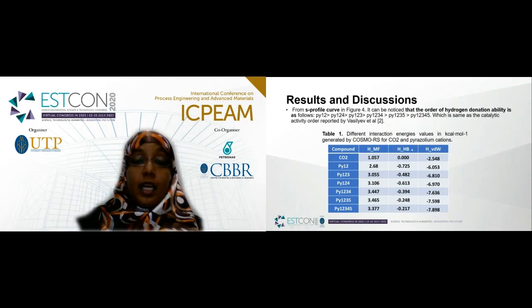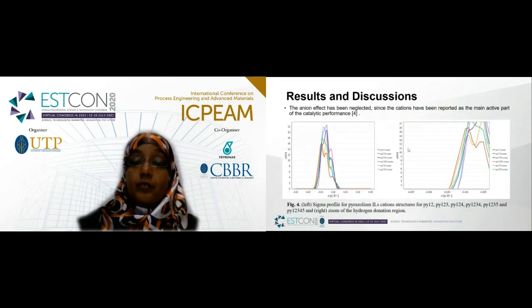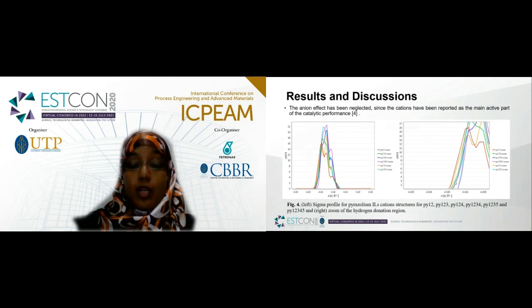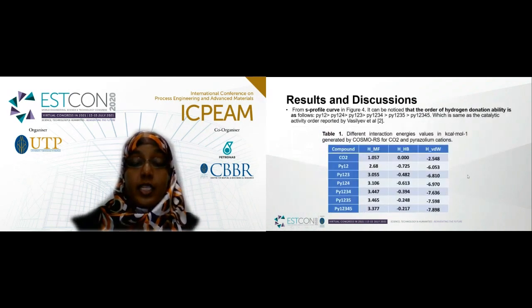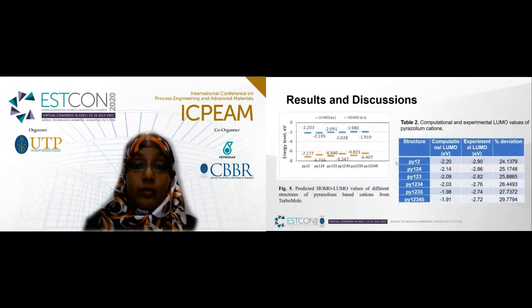We realize that the order of hydrogen bond, starting from the highest to the lowest, is the same order of the catalytic performance reported by Vasiliev, and also the same order from the sigma profile in terms of the ability to donate hydrogen, from the highest to the lowest. This negative sign here indicates an attraction force.